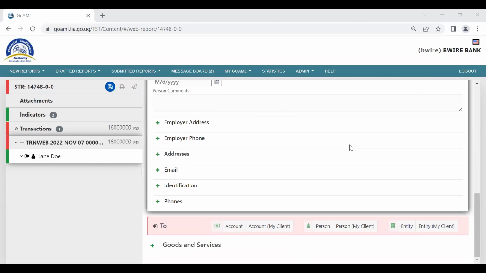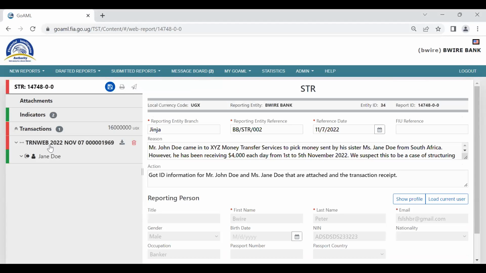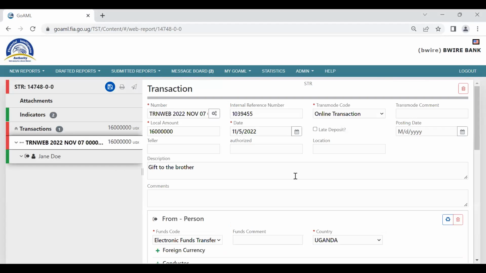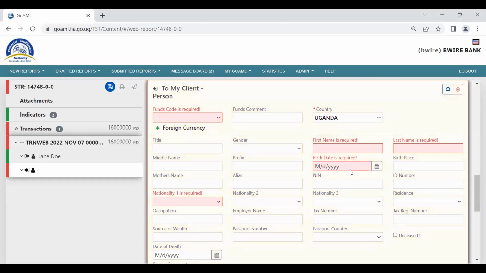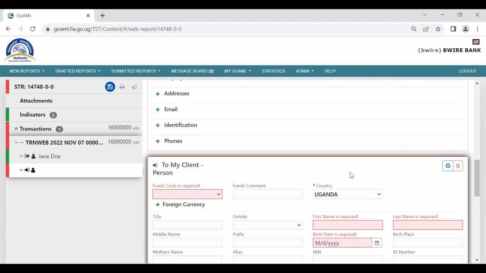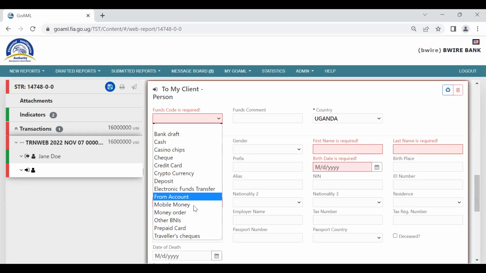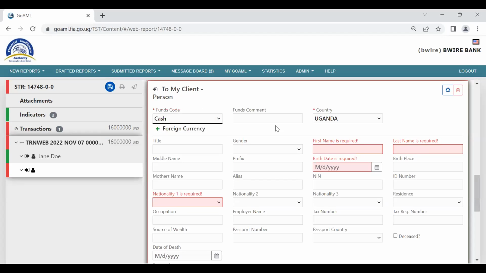Okay. So on the two sides, this is the person who's receiving the money who came to your company. So that will be your client. And you notice with your client, there's more detail that we require. Okay. So he's picking cash and mail.